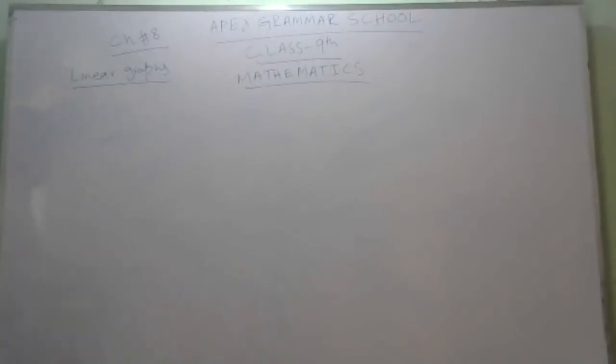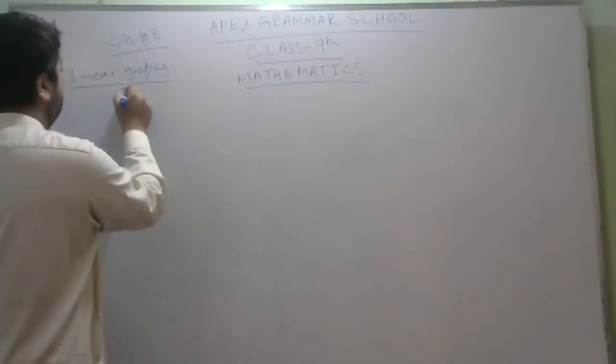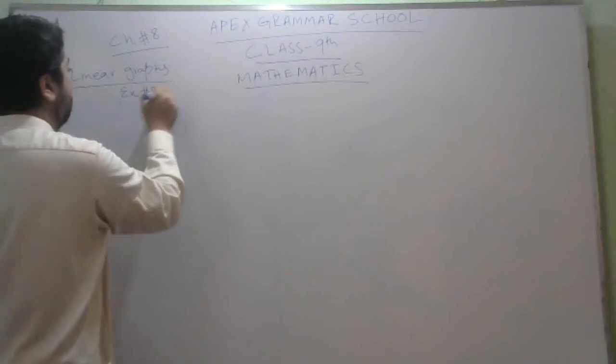Exercise 8.1 is: determine the quadrant of the coordinate plane in which the following points lie. You need to find the quadrant in which these values lie. First is -4, 3.